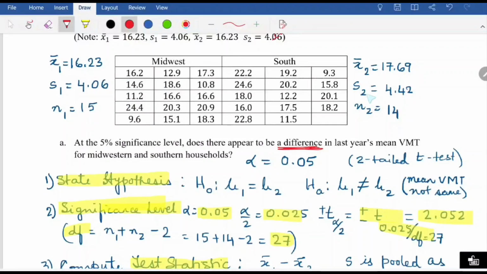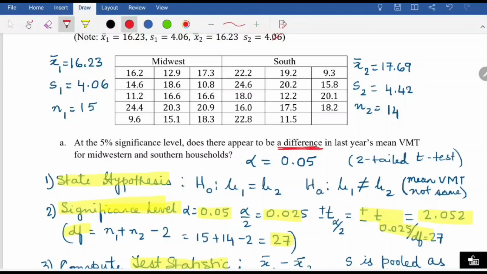If you do S sub 2 divided by S sub 1, remember that rule I spoke about in the lecture and also in the worksheet solutions. To decide whether we can use the pooled test or not, just take the higher standard deviation value divided by the smaller standard deviation value. If it is less than 2, then you can safely go ahead and use the pooled test.